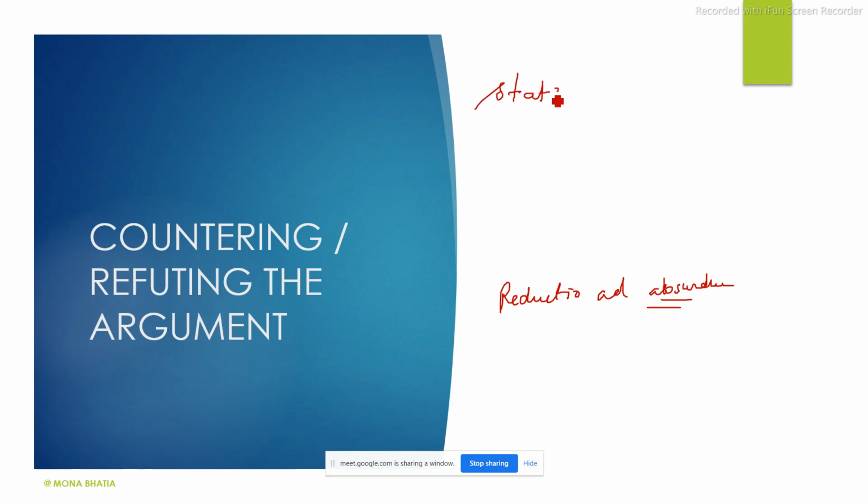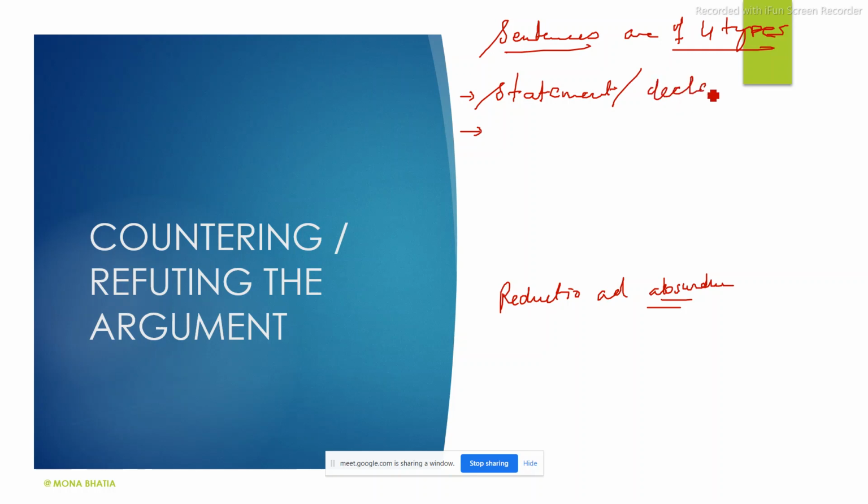Whenever you are editing, you should be aware of the fact that sentences are of different types. Sentences are of 4 types. ठीक है ना? मालूम है ना आपको? One is statement. Statements are also called declarations. ठीक है? And then you also have questions, then you also have imperatives.